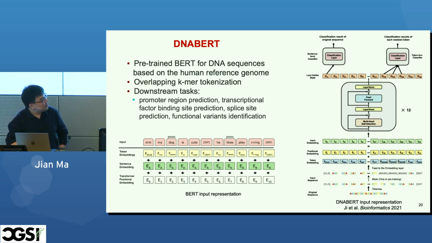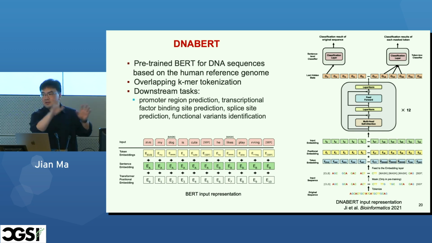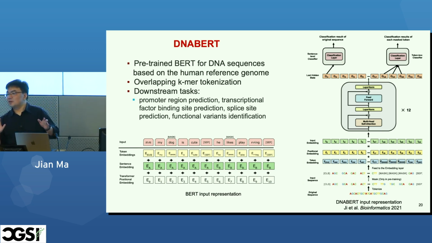And so the authors said you need to consecutively mask 3 k-mers at the same time. My question for you is, why do we need to do that? Why do you need to mask 3 k-mers consecutively rather than just randomly mask? Because you're overlapping.